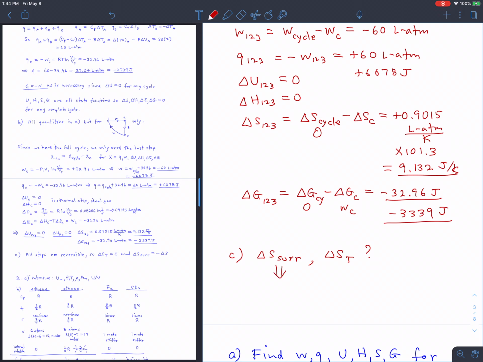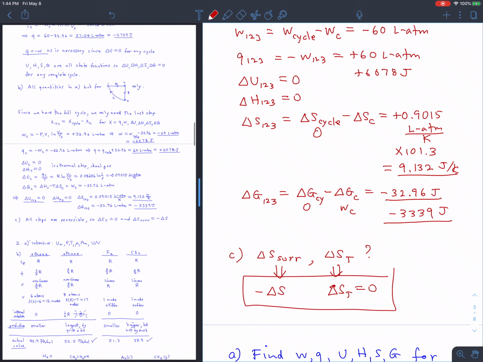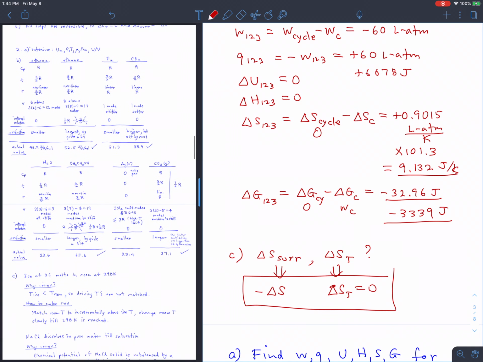For any reversible step, the delta S for surroundings is equal to minus delta S for the system, which we've already calculated. And the delta S total for any reversible step is always equal to 0. So we already have all the answers for part C. All right, that is all of problem number one.